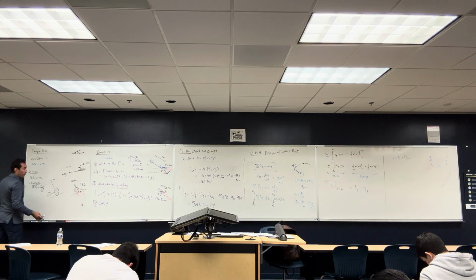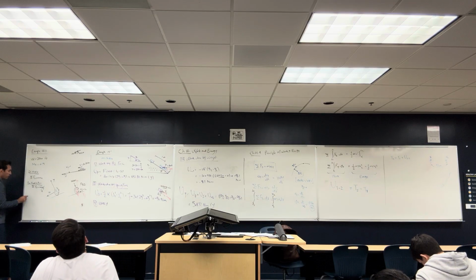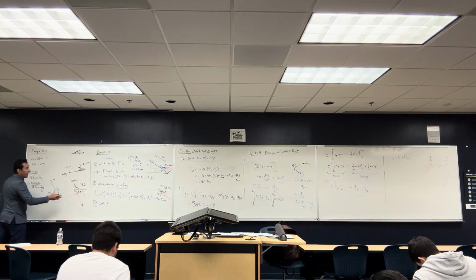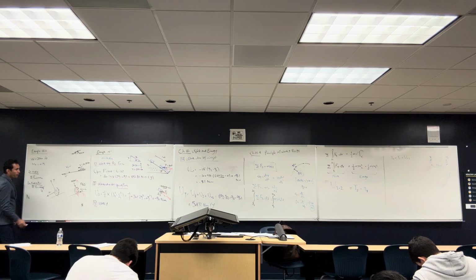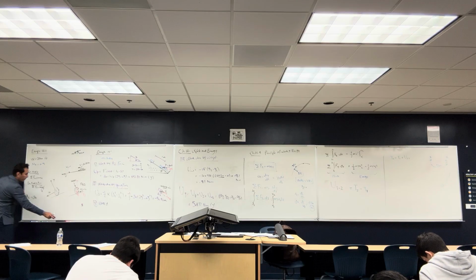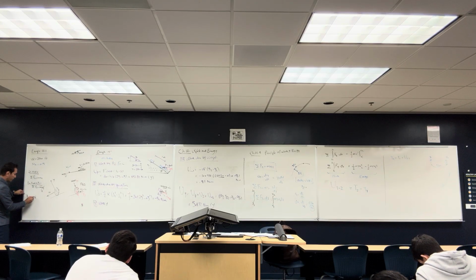In y, I have the normal force and it's positive, and I have the weight, which is negative W cosine 10. So the normal force, and all this is equal to 0.